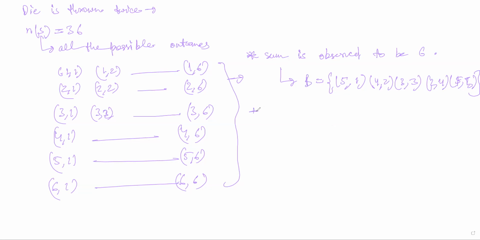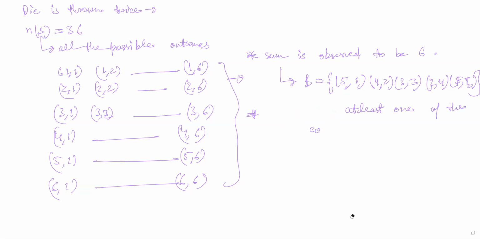And then what do you need? You need the probability that at least one of the dice, rather at least one of the throws, is 4.